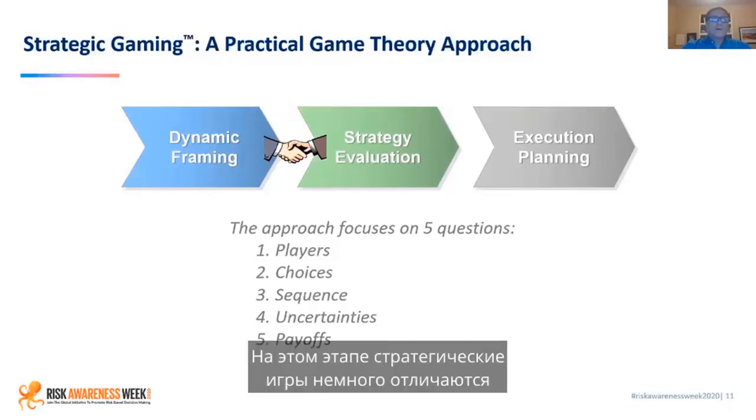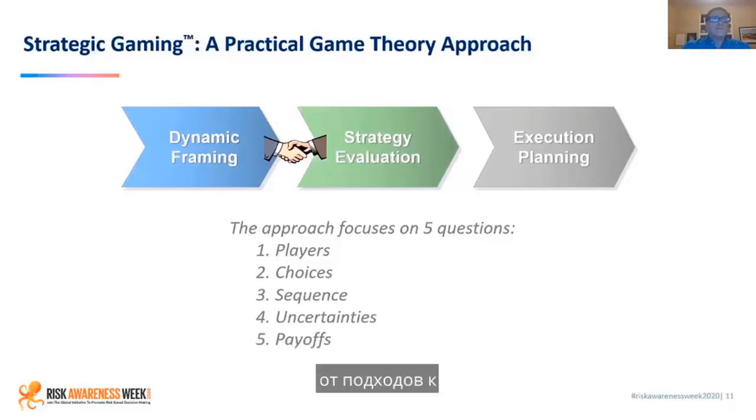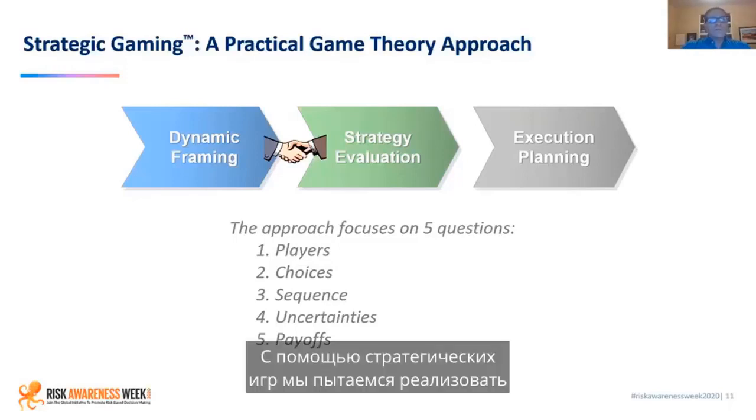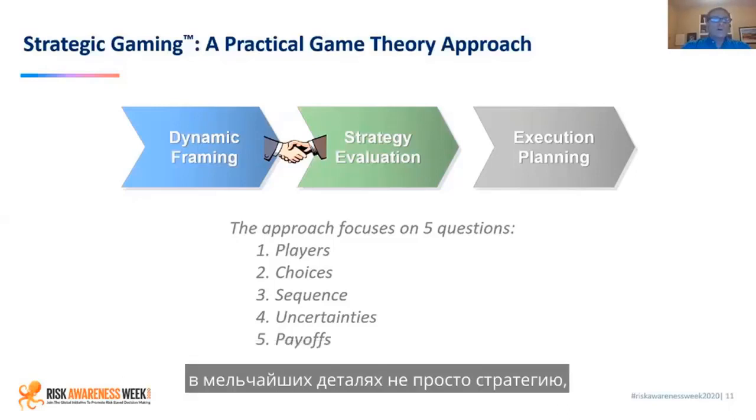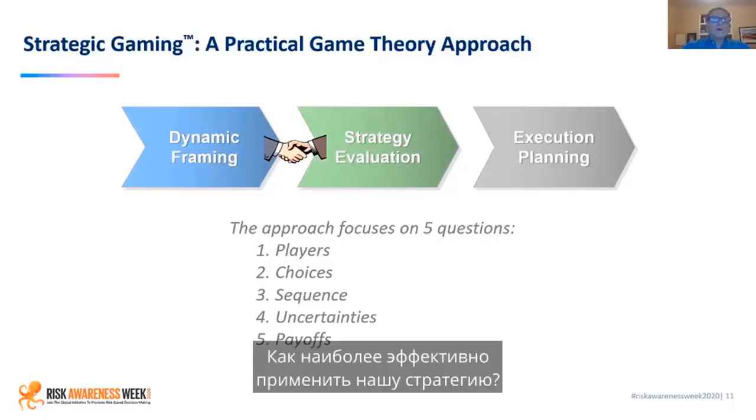So here, strategic gaming is a little bit different than a lot of strategy approaches, which are at the 35,000 foot level. With strategic gaming, we are trying to do not just 35,000 foot strategy, but to talk through tactics and implementation. How do we implement our strategy in the most effective way? That can be very important, and it gets us to a tactical level as well as the strategic.